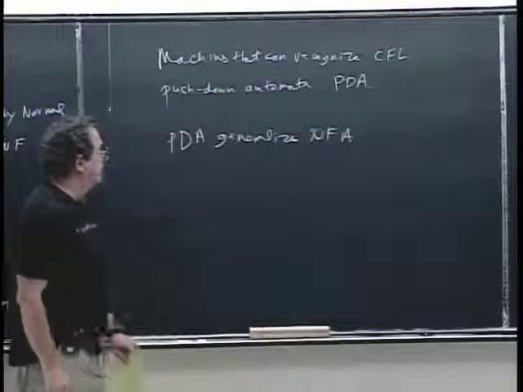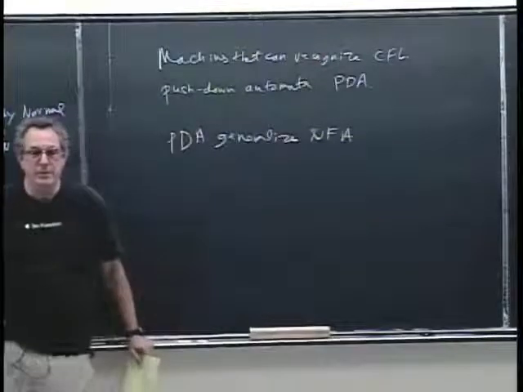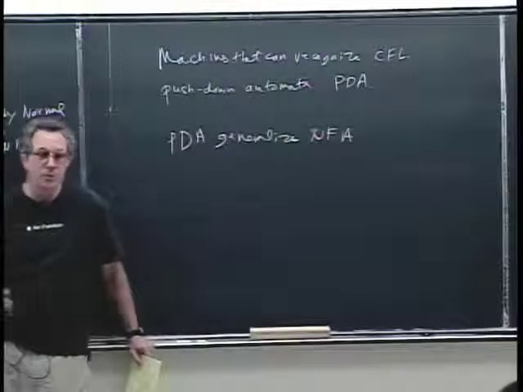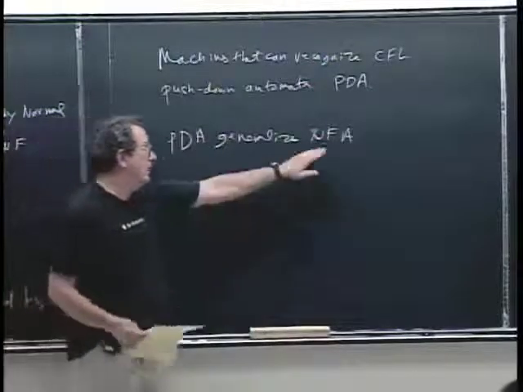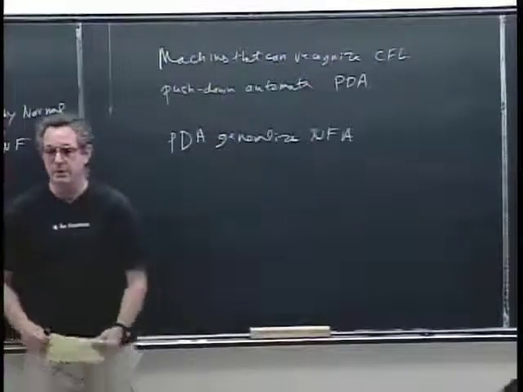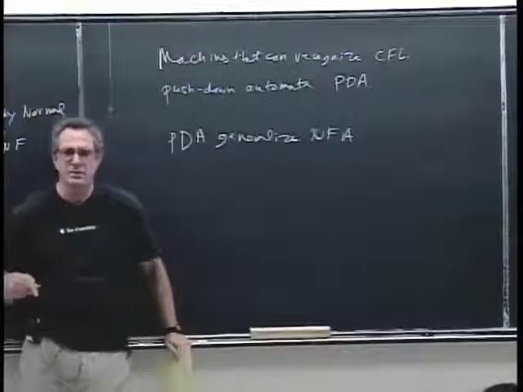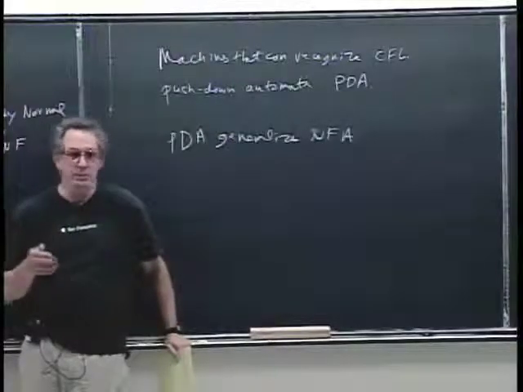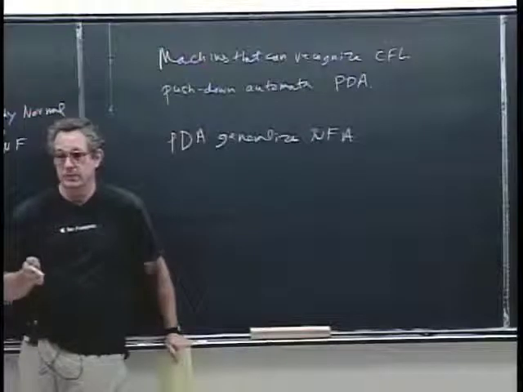And in particular, what it has that's extra, well, it has to have something extra, right? Because we already know that NFAs cannot accept, for example, the language 0^n 1^n. 0^n 1^n is not regular.